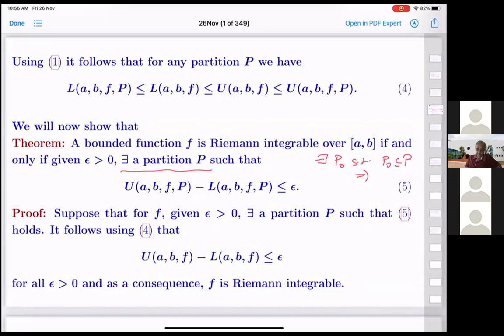So we get that the distance between U and L is less than or equal to epsilon, because we already have a partition P such that it is less than or equal to epsilon. Now this holds for every epsilon, therefore U and L must be equal. In other words, U is always greater than or equal to L. If U and L are not equal, that is U is bigger than L, take an epsilon which is half the distance between the two, and then this will be violated.